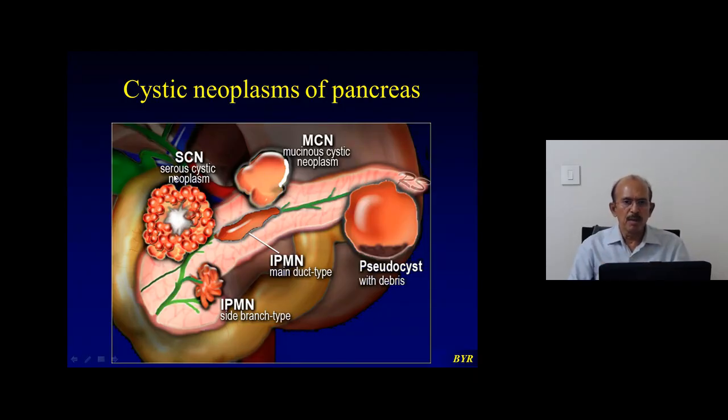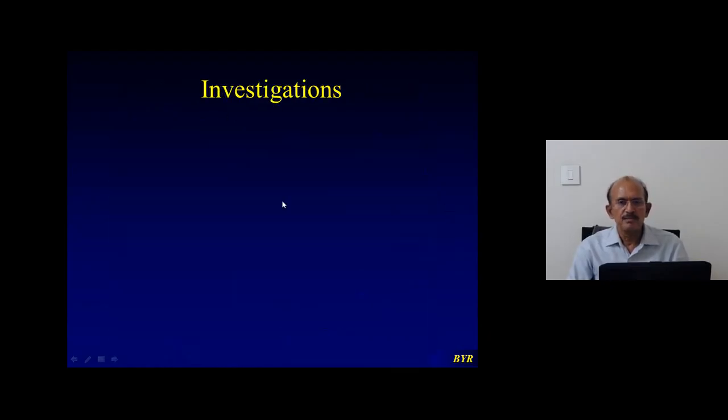So just like bubble wrap paper, these cysts will be there. That's why this is called the bubble wrap cysts. This is serous cystadenoma of the pancreas. So there will be multiple small cysts, all gathered into a big mass. So this is the cystic neoplasms of the pancreas.